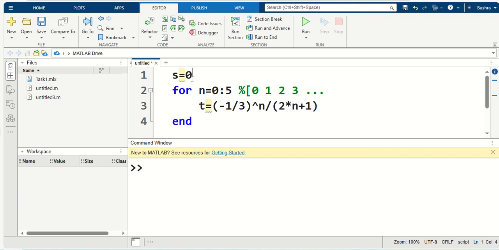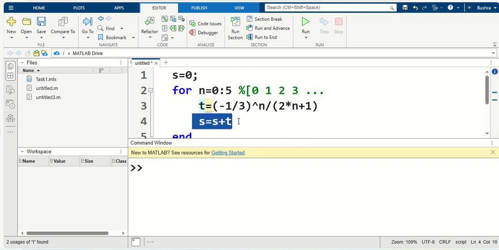For now, assuming that the question has explicitly said not to use the function sum, before any terms have been evaluated, I have assigned a variable s a value of 0. In the first pass, when the first term is assigned, I'll redefine the variable s as s plus t. In the first pass, s already has 0 saved, and in t the first term has been saved.